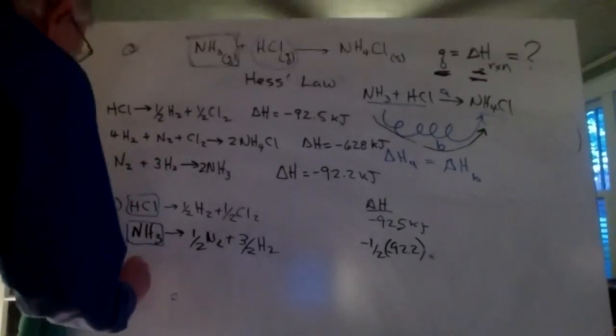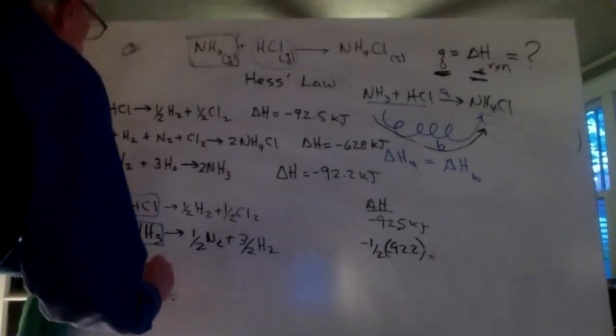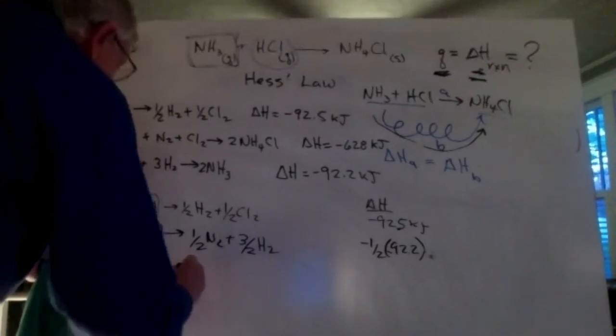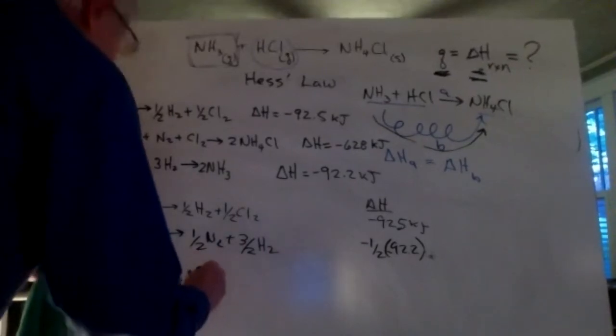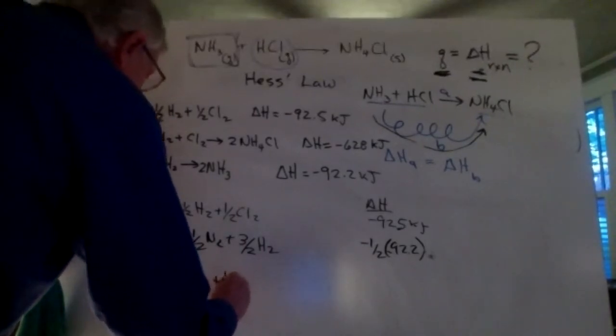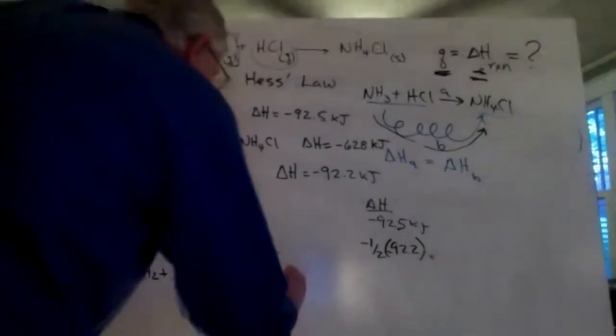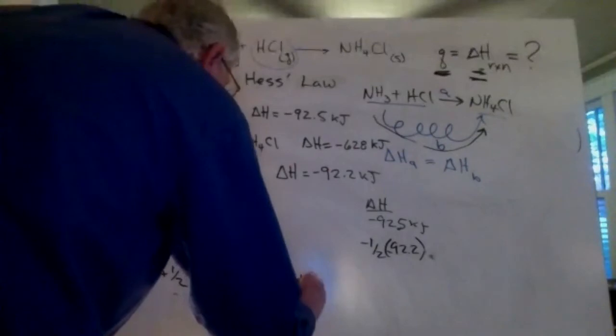It's going to give us 2H2 plus 1/2 N2 plus 1/2 Cl2 goes to 1 mole of NH4Cl.